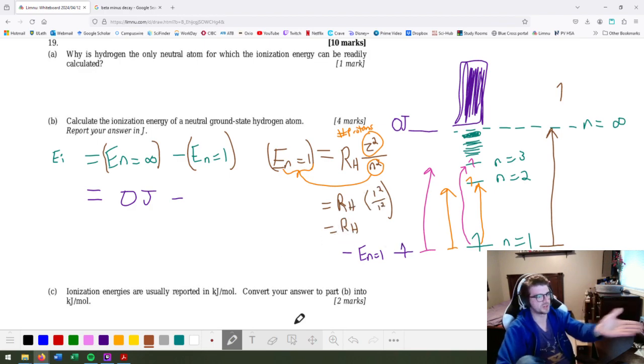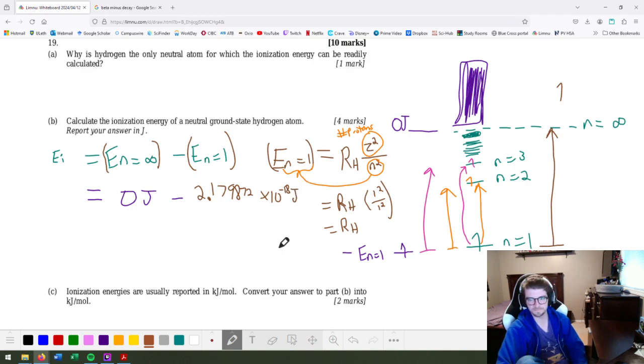It's just the Rydberg's constant, which is 2.179872 times 10 to the minus 18 joules.